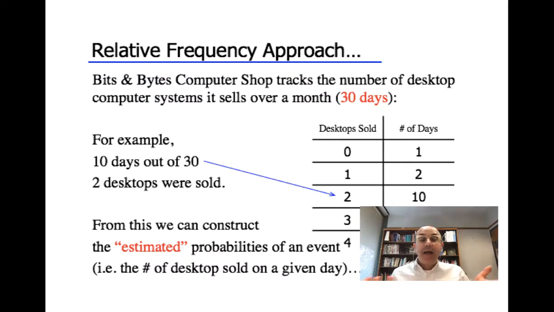Example, a computer company tracks the number of desktop systems it sells over a month. Okay, so we have desktops sold and the number of days. And so in this case, from that, we can construct an estimated probability of an event based on desktops sold on a given day.